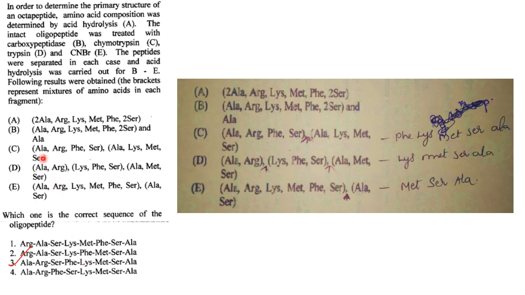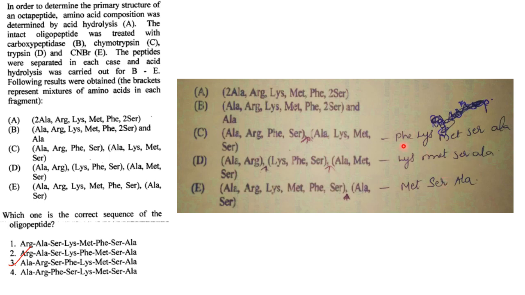Then next one is in the case of option C, that is chymotrypsin. So chymotrypsin digests the carboxyl side of aromatic amino acids, that is W, F, Y. So phenylalanine is present over here. So it should have digested over here. So we got till lysine, methionine, serine, alanine.